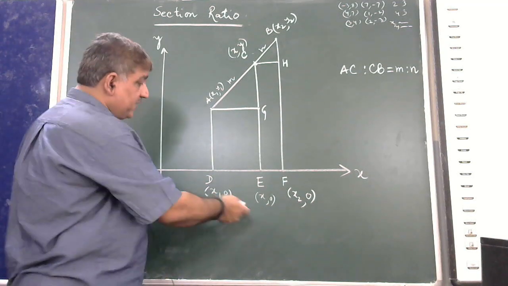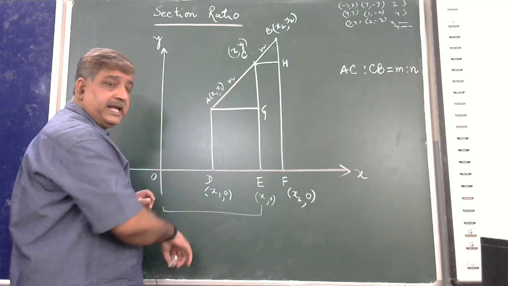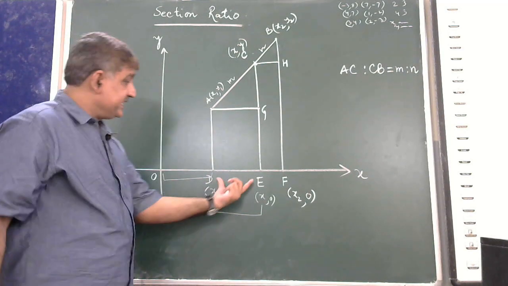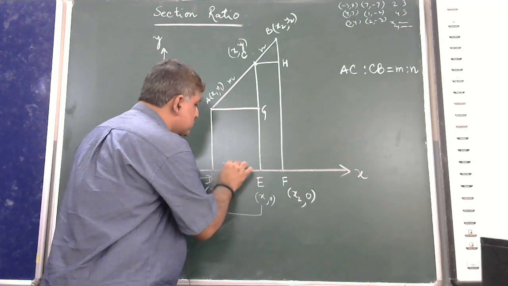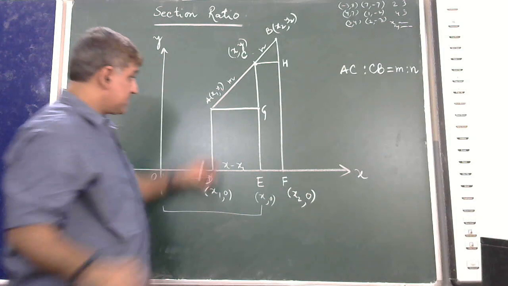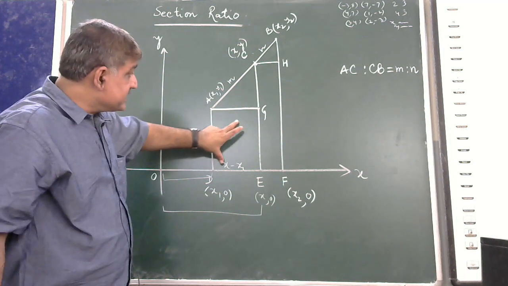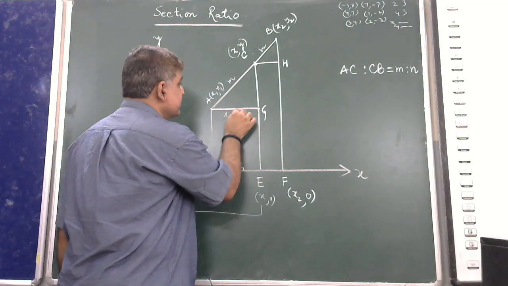You see, this whole length is x, and this length is x1. So this length will be x minus x1. Since this is a rectangle, as we have discussed earlier, this opposite length is also x minus x1.